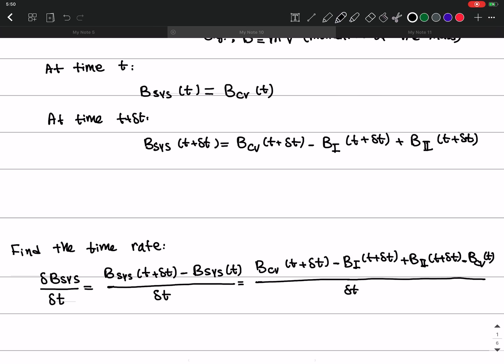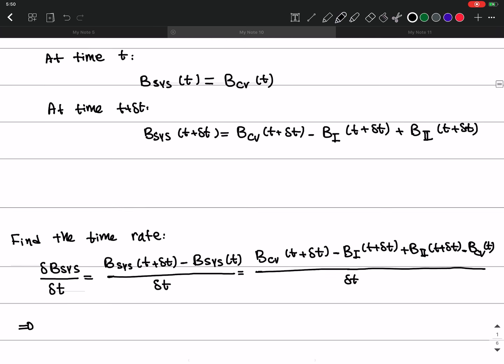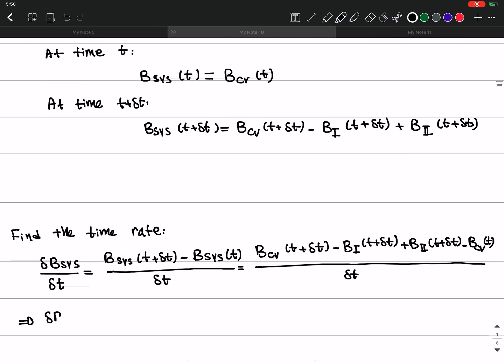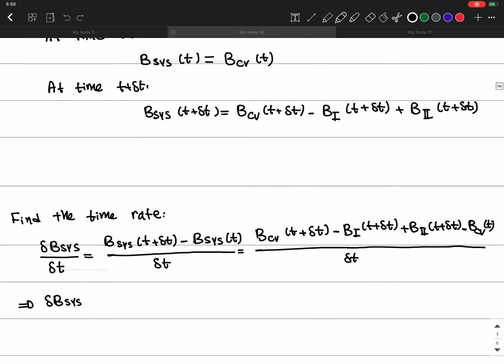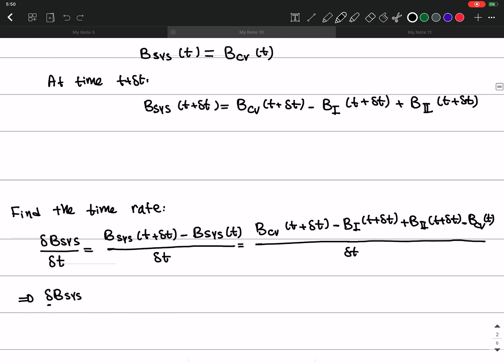So now I can divide this into two expressions.